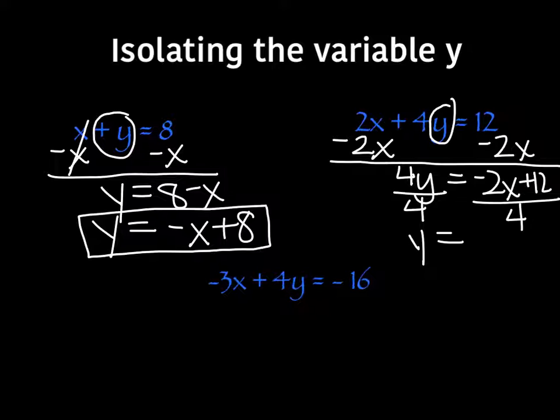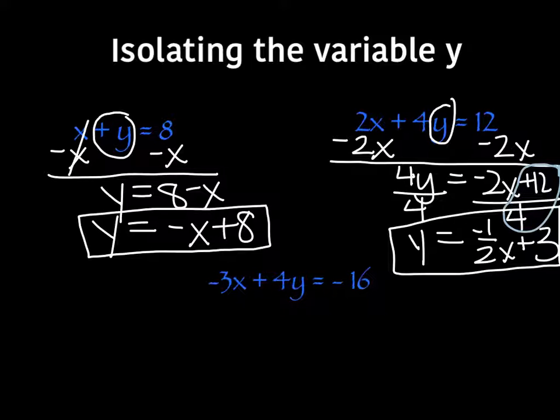So negative 2x over 4 would be a negative 1/2 x. And then I have 12 over 4, which simplifies to be a positive 3. So my y isolated would be y is equal to negative 1/2 x plus 3.